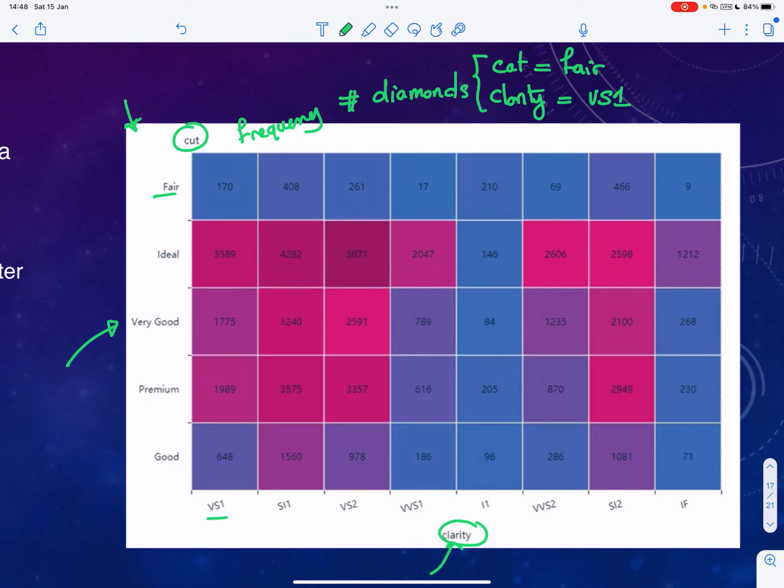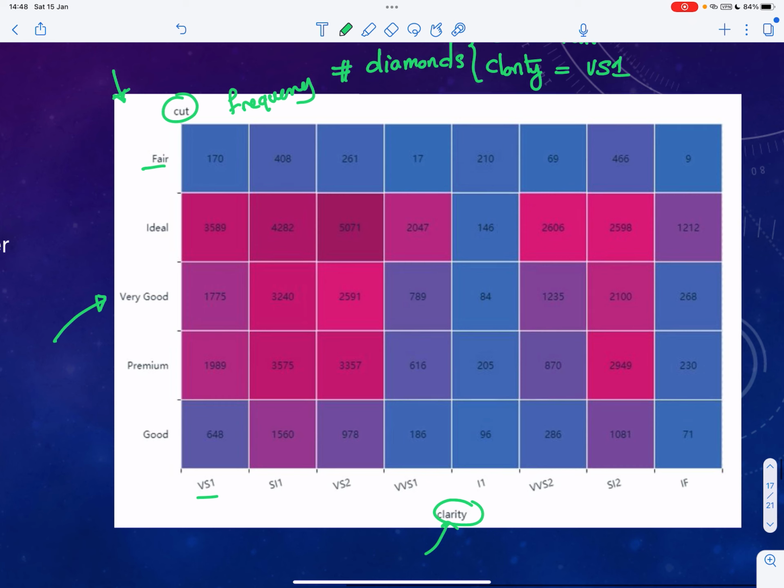So how do you comment on a heat map? You need to comment on the variables, clarity and cut, and the unique categories available.